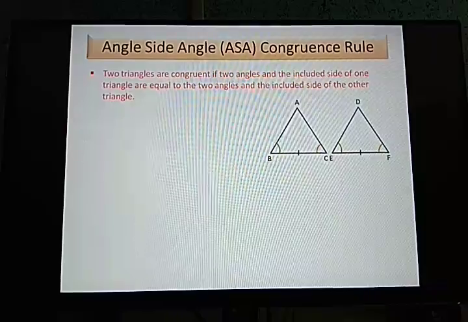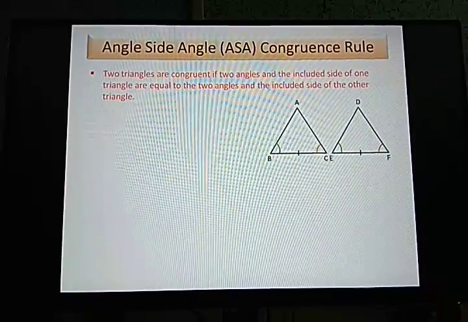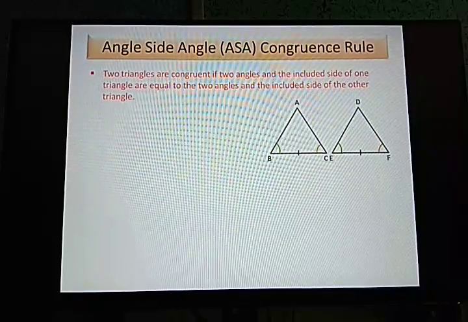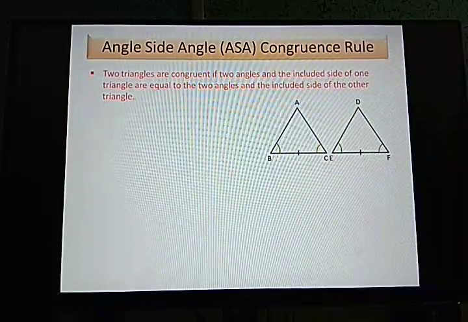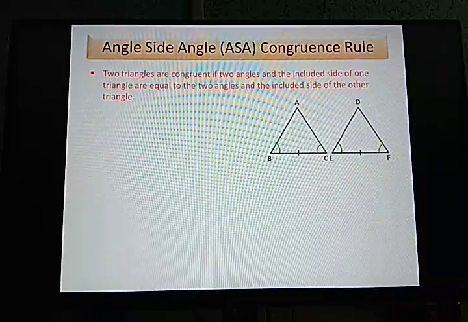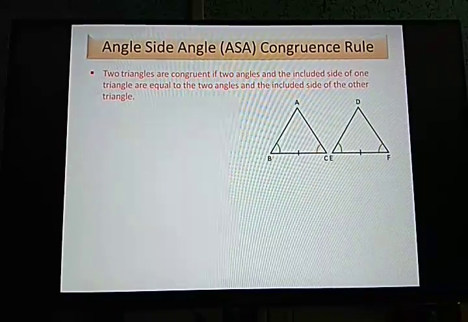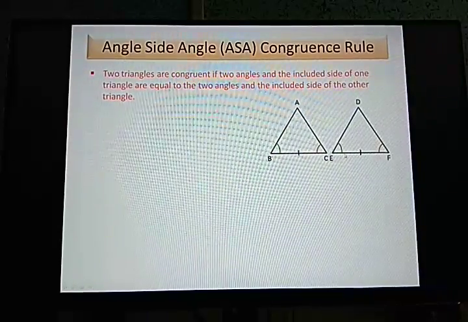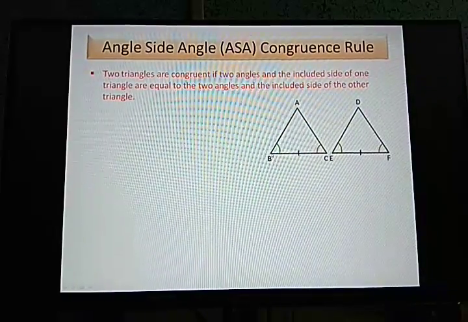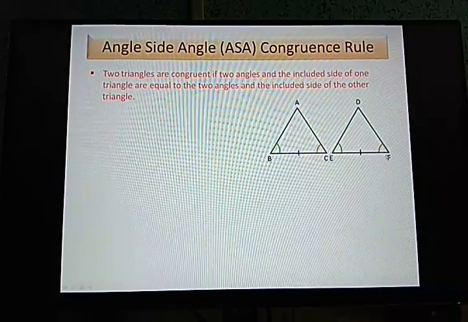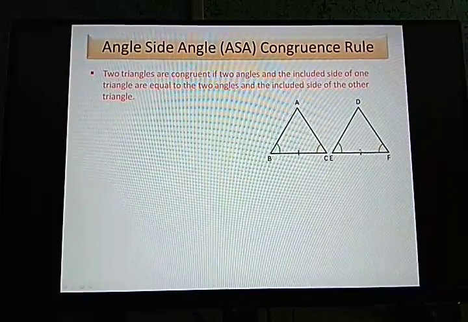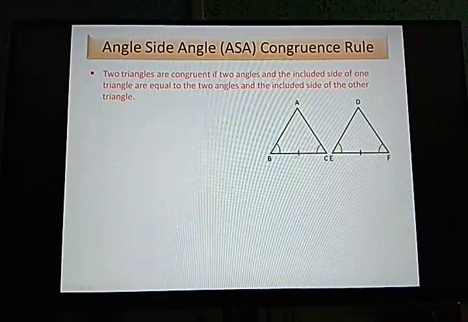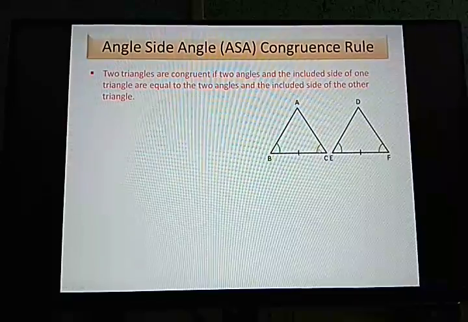As you can see in the diagram, there are two triangles, triangle ABC and triangle DEF. Now these two triangles are congruent because angle B is equal to angle E, then side BC is equal to side EF, and angle C is equal to angle F. So you can see here there are two angles and one side included in between these two angles.